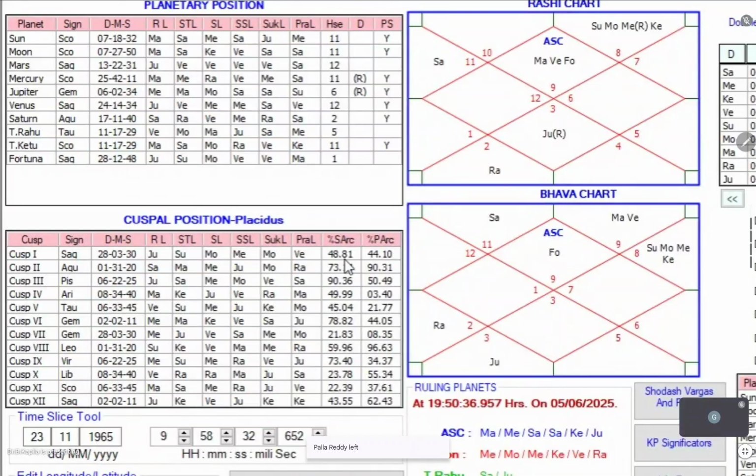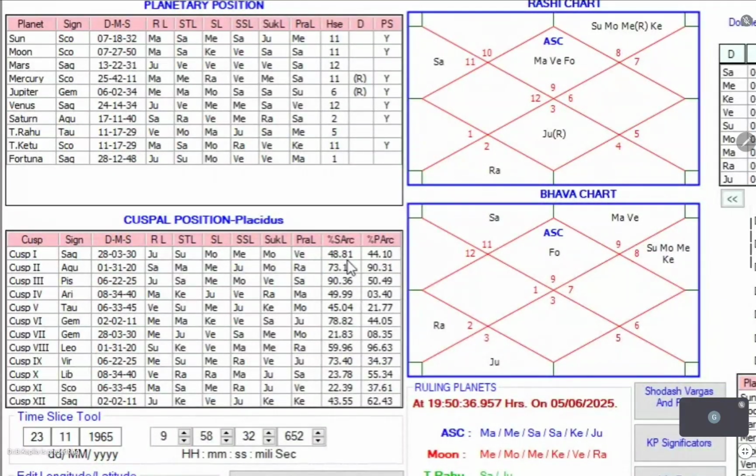As per rule number 2, suppose if the arc of the ascendant is greater than 50%, then we will see whether it is justified to keep it above 50% or not.